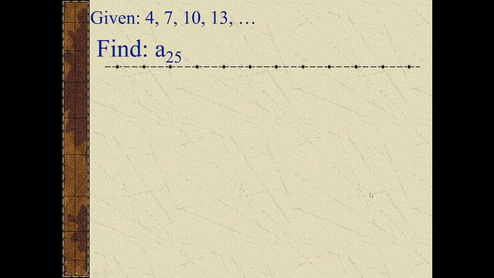Okay. Now, let's have our example. Let's make use of the formula to find the 25th term of the sequence 4, 7, 10, and 13. Now, let's introduce the formula first. So, my question is, what is a sub n in the problem? Very good.